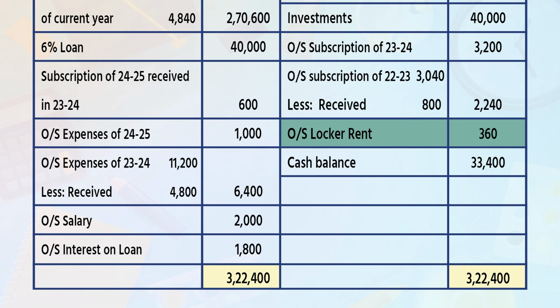Outstanding locker rent is 360. Cash balance which is already given, that is rupees 33,400. So the total of assets side is 3,22,400. So here liability and asset both tallied. Yes dear students, today we have discussed illustration 11 and illustration 12. I hope it is clear to you.